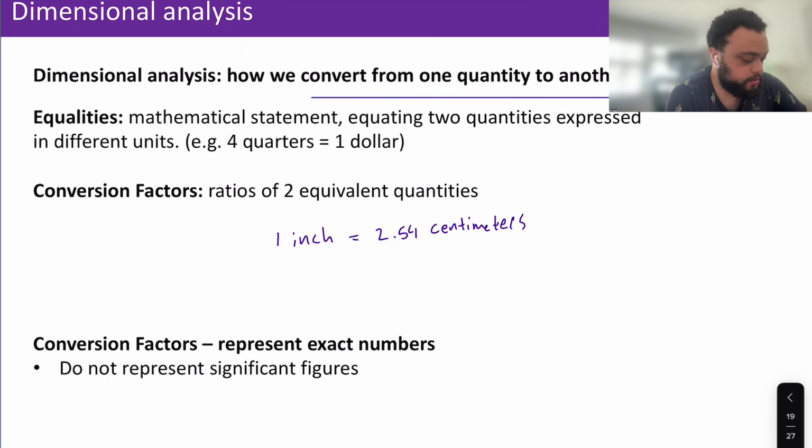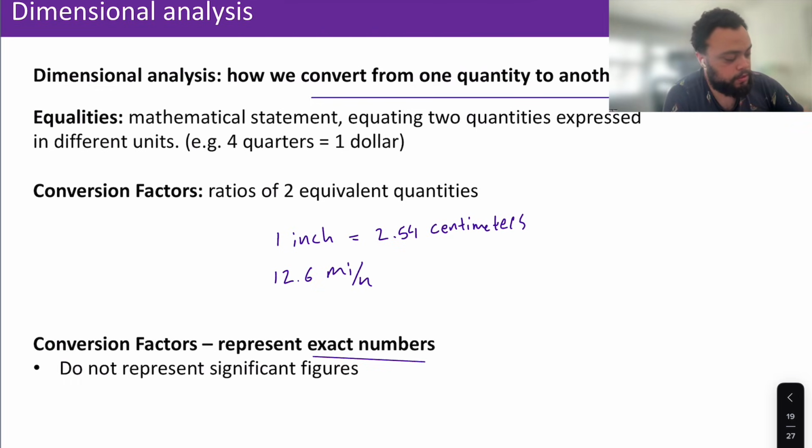For conversion factors, these are going to represent exact numbers. Let's say for the 1 inch at 2.54 centimeters, these are exact numbers in that 1 inch will always be exactly 2.54 centimeters.